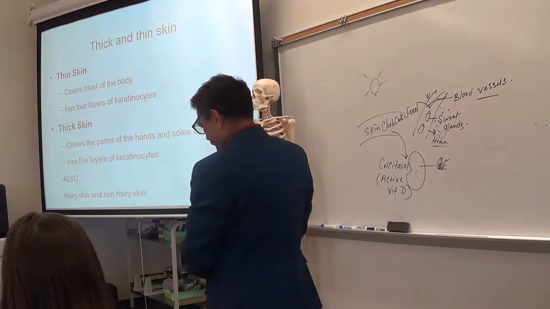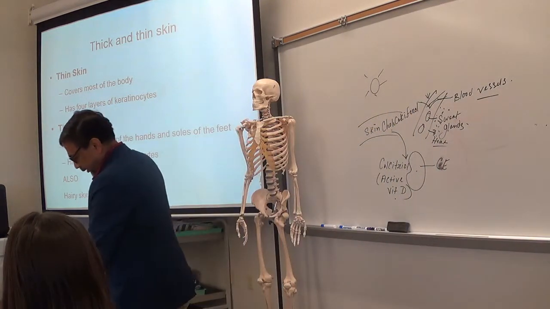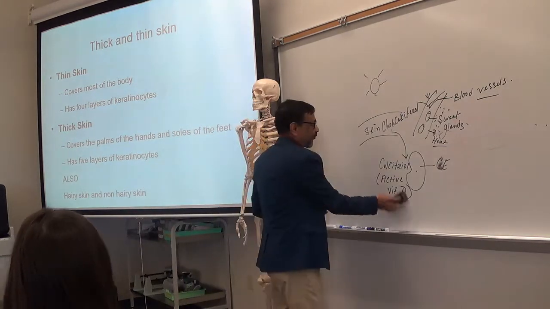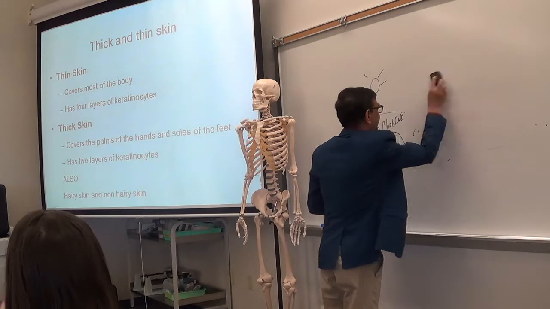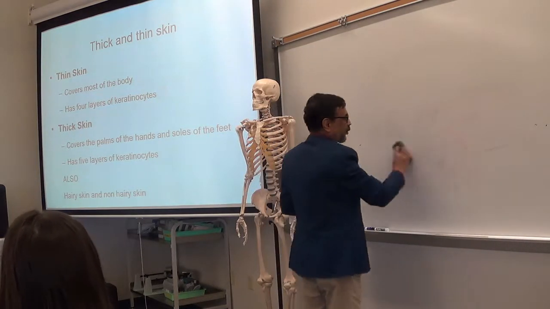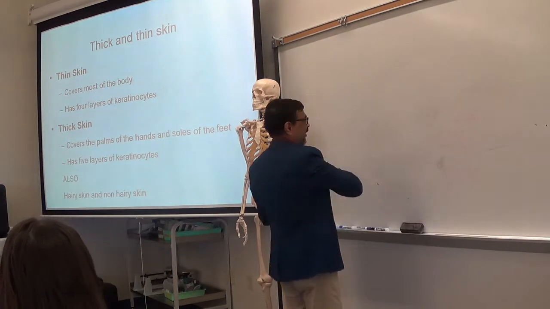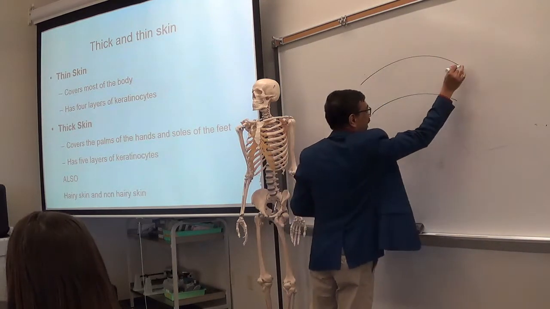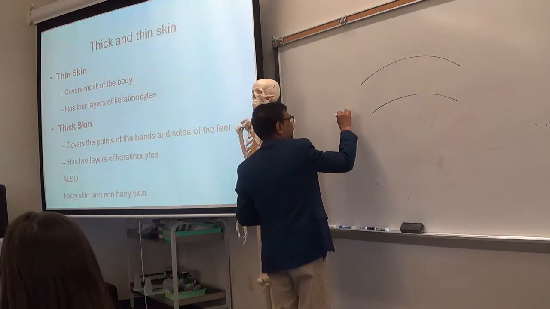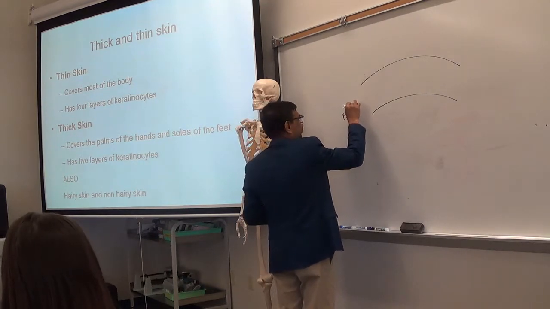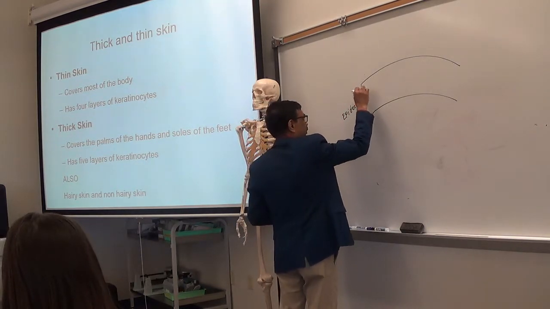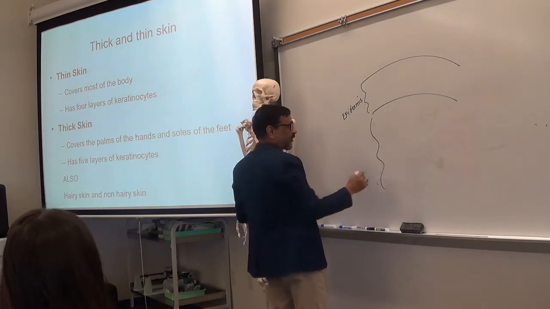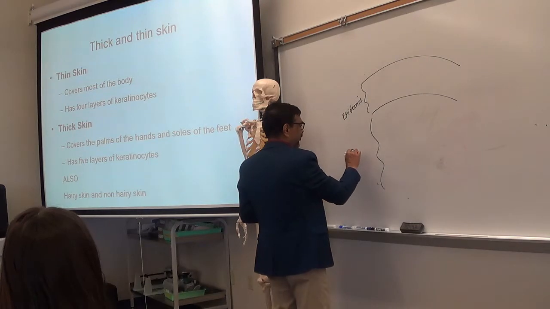If you see the structure of the skin, skin has two layers. You remember I said skin has two layers. The outer layer is called what? Epidermis. So this is the epidermis, and the inner layer is much thicker than the epidermis, and this is the dermis.